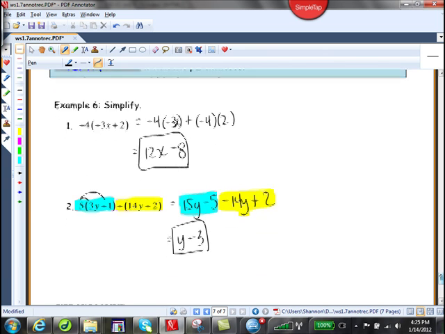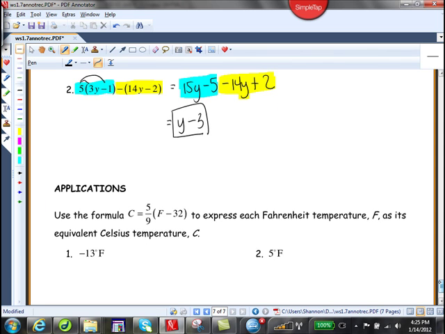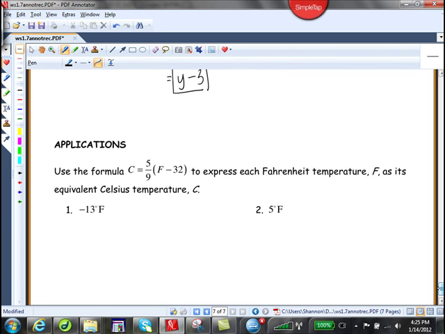Alright, so let's check out this application. If we're switching from Fahrenheit to Celsius, okay, this is the equation to do so. So here we will have, so for now I'm going to leave the unit out, and we will figure these out. C is equal to 5/9 times F in this case is negative 13, and then minus 32.